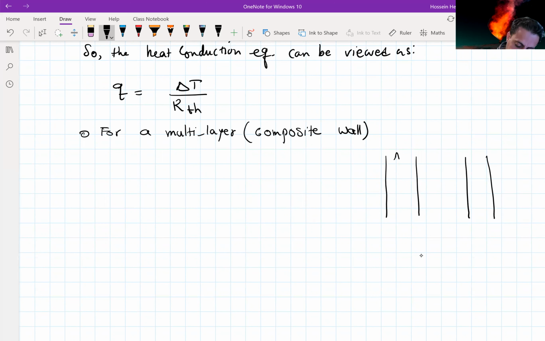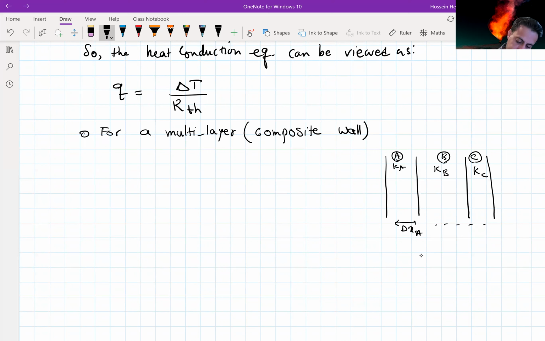Let's say this is material A, KA, material B, KB, material C, KC, and so on.